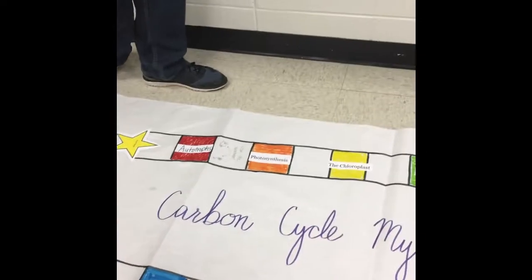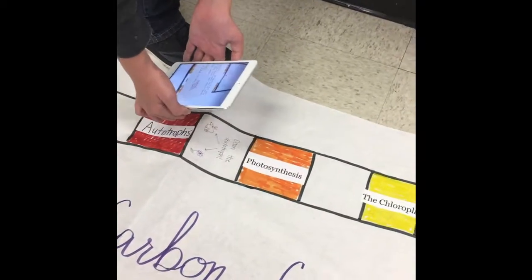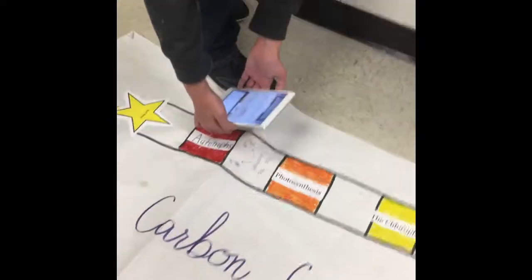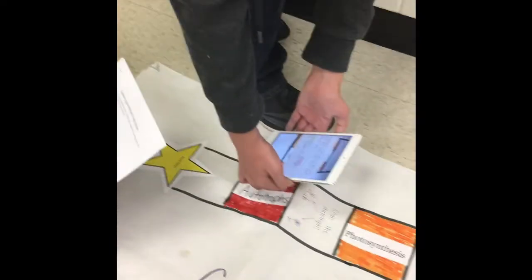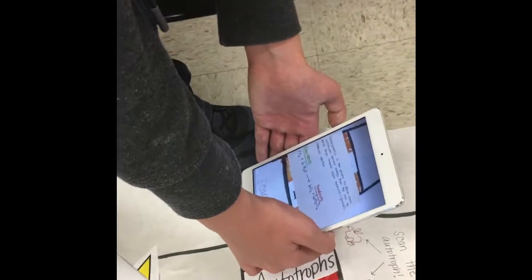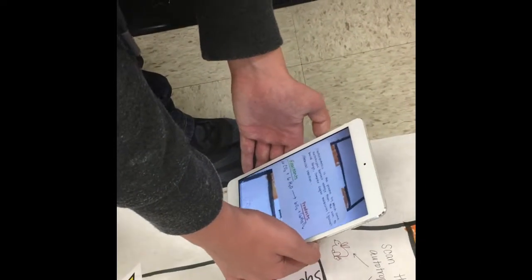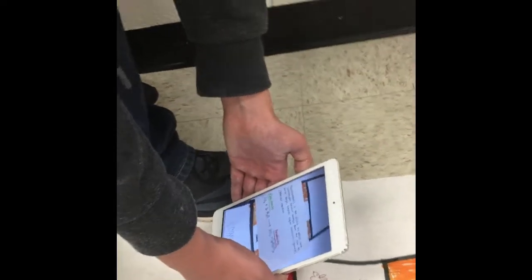What do you think? So we'll scan the orange tile. And it looks like we've got something to write. It says photosynthesis is the process by which some autotrophs harvest energy from the sun to build large complex sugar molecules, glucose.